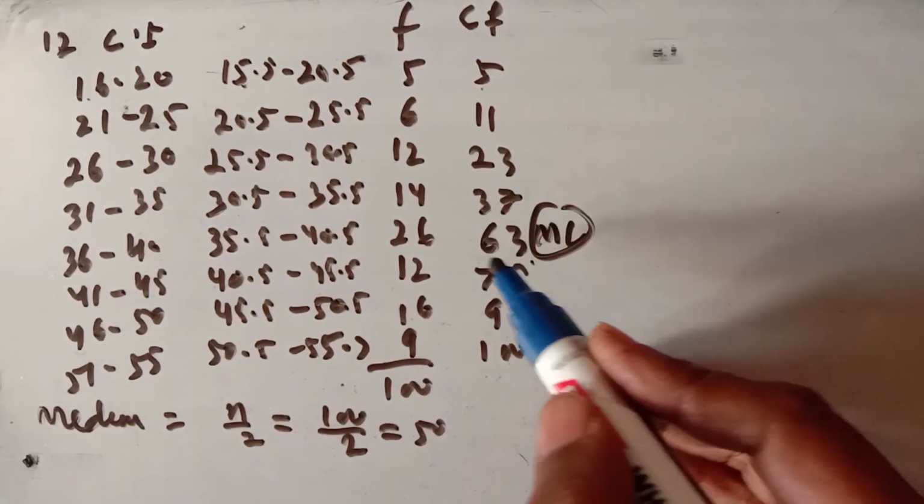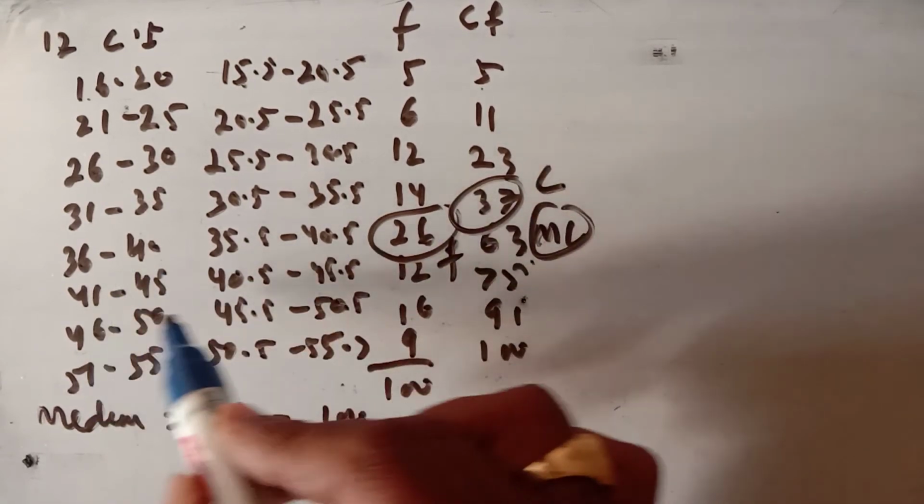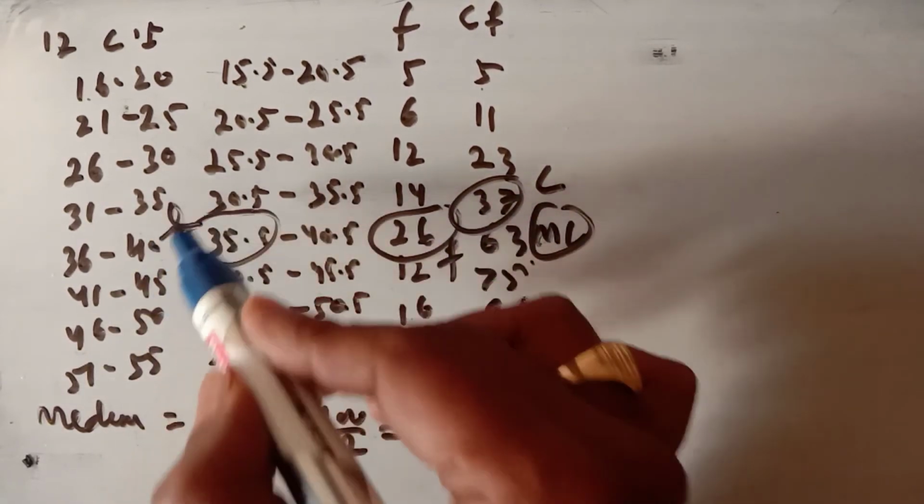You know how to find the median. So this is your frequency, this is your cumulative frequency, and this is the lower limit of this median class.